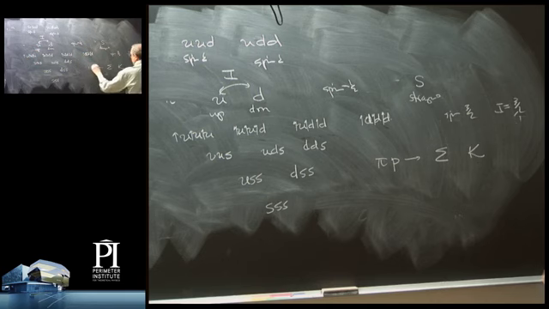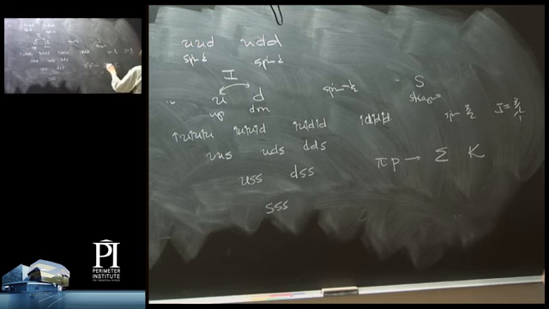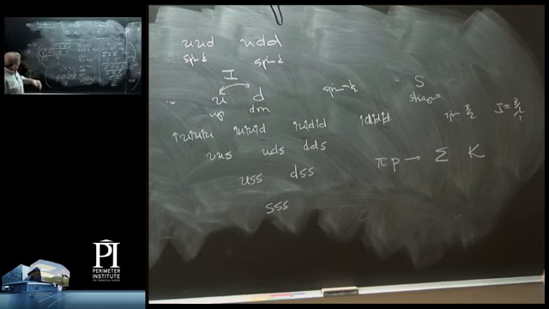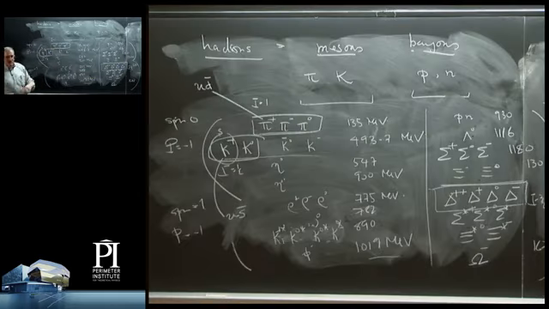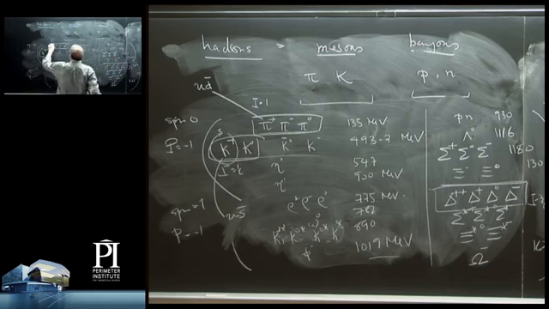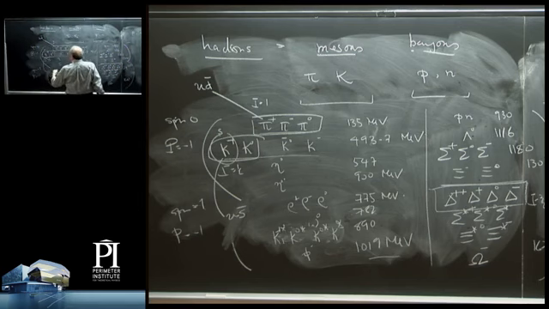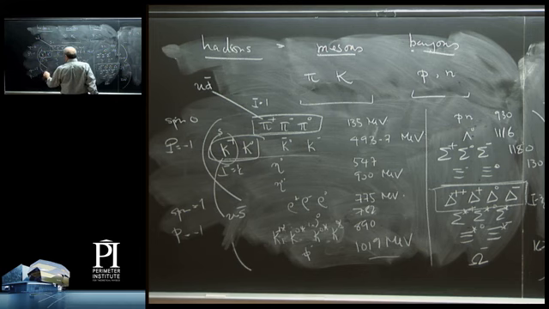If I have pi 0, p plus, sigma 0, let's say k plus, this one must contain the S bar. And so you can start explaining these particles as particle-antiparticle pairs made out of these same particles. For example, pi plus is U D bar, k plus is U S bar.